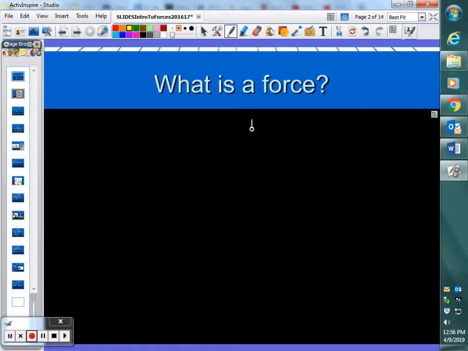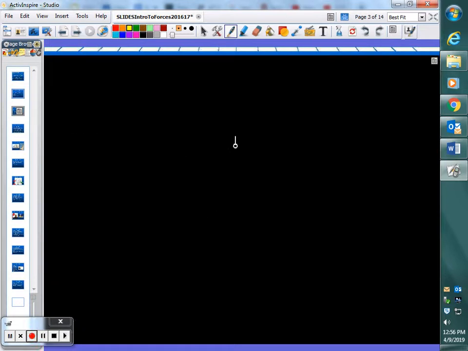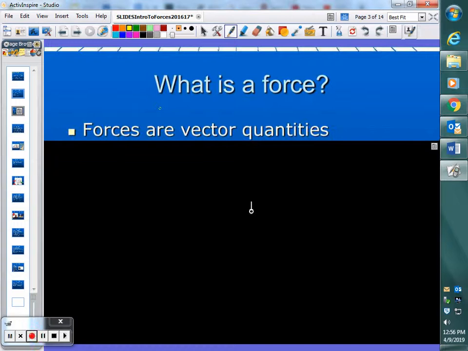With that being said, next. Forces are vector quantities. In the last unit, we learned about vector quantities. What does a vector quantity do for us? Magnitude and direction. In the case of a force, what is the magnitude of the force going to tell us?